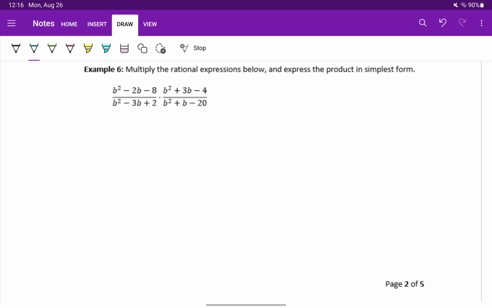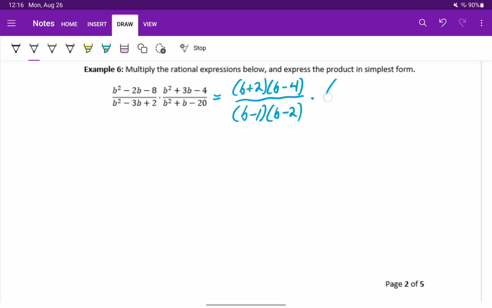In example 6, we have the same type of problem. To begin, we'll factor everything, which the first rational expression will become b plus 2 times b minus 4 all over b minus 1 times b minus 2.